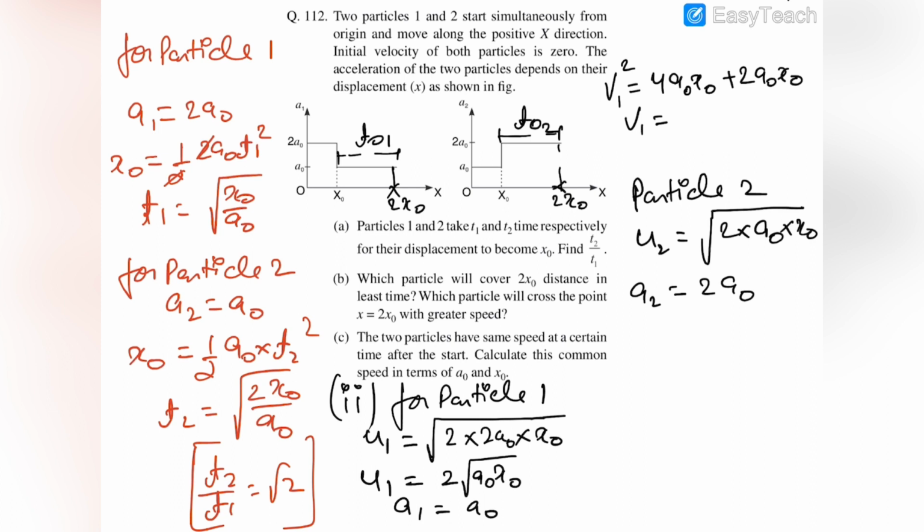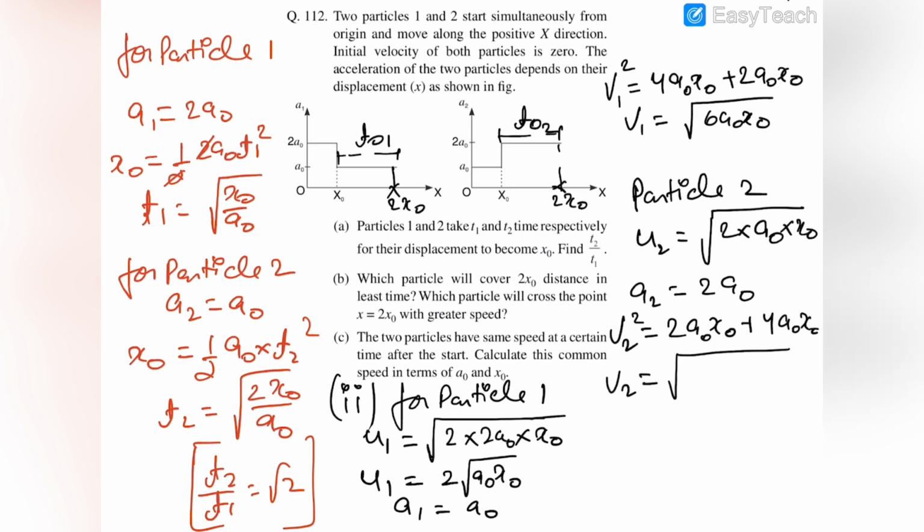So v1 will be under root of 6a naught x naught, and v2 square will be equal to u2 square, which is 2a naught x naught, plus 4a naught x naught, because 2 into 2a naught into x naught. So v2 will also be equal to under root of 6 a naught x naught. Now you can see these are the values of velocities of both these particles.